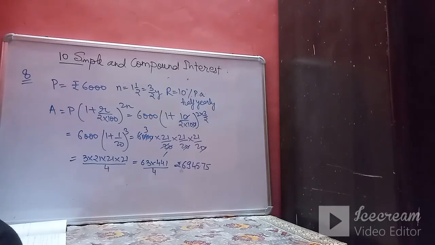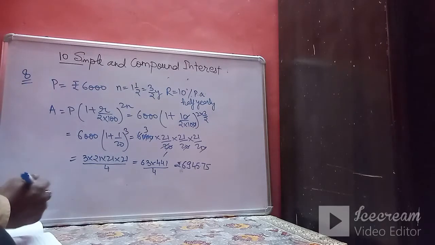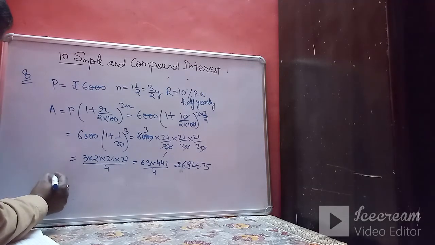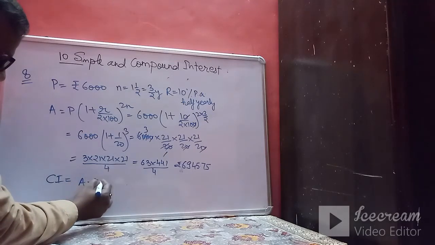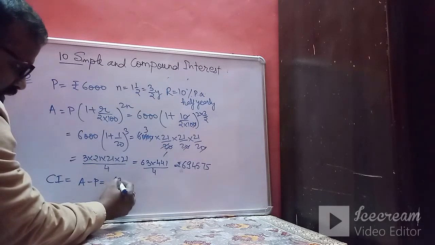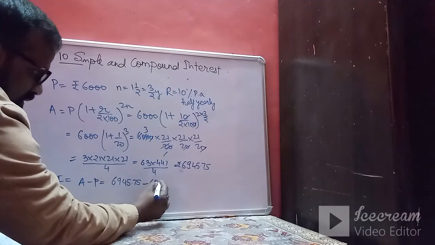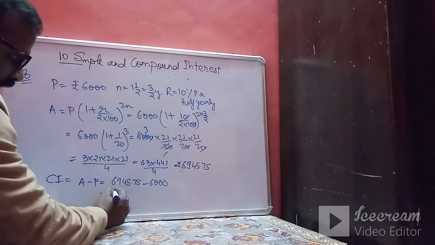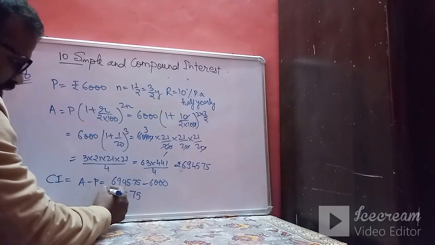So this is the amount. But what we have to calculate is the compound interest. So as we already know, interest is always amount minus principal, that is 6945.75 minus 6,000, that is 945 rupees 75 paisa.